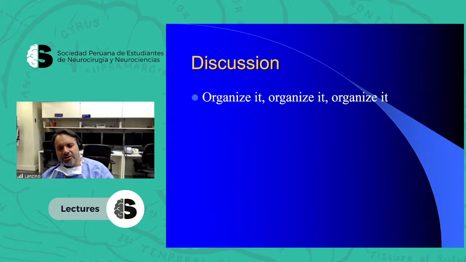So the discussion is actually that part of a manuscript that is a little bit harder to write, because it's true that it follows a scheme, but it's also the part where you really need to organize yourself. For example, the materials and methods, you can organize in a temporal sequence, saying exactly what you did and when you did it.